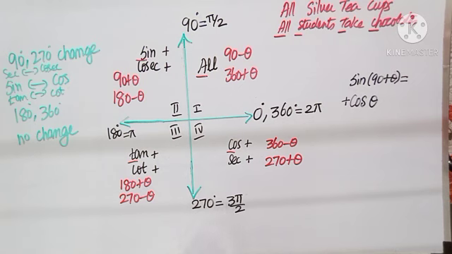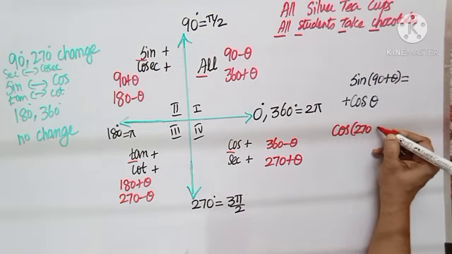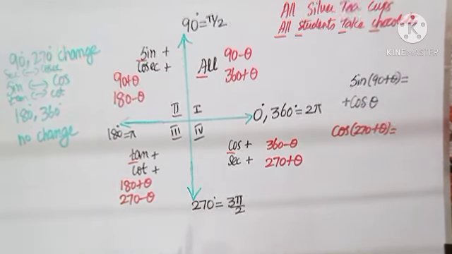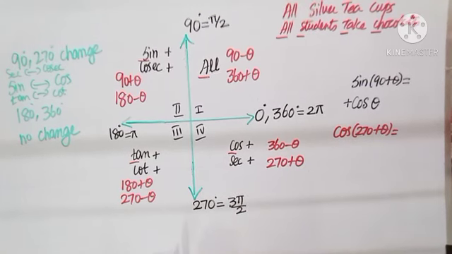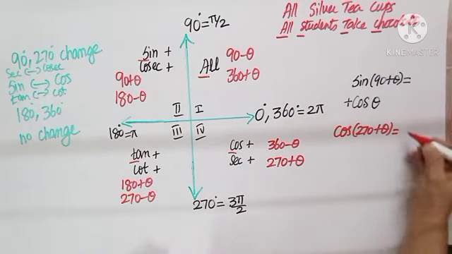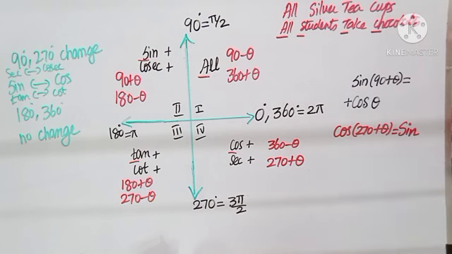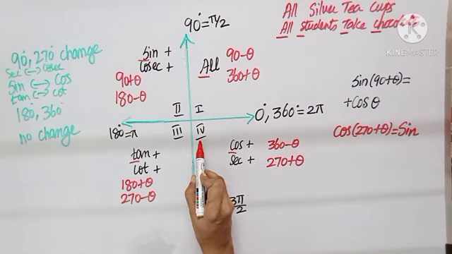We'll do one more example. Cos 270 plus theta. Now tell me what is the answer. 270 comes, change. Cos will become sine. So my answer is sine. 270 plus theta. Check which quadrant I am. 270 plus theta tells me I am in fourth quadrant.